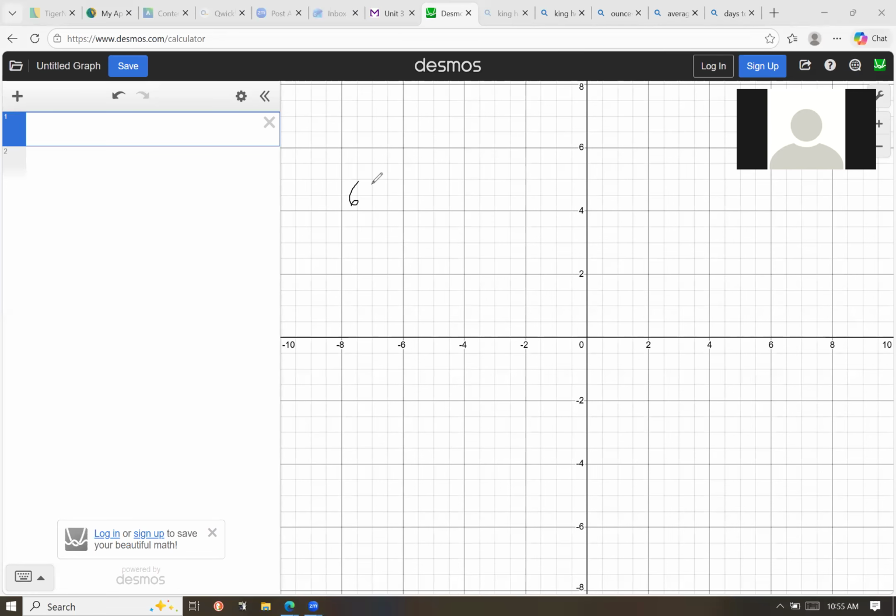So we have 64 fluid ounces. And if we're converting that into quarts, first we could convert to cups and then go from cups to quarts.